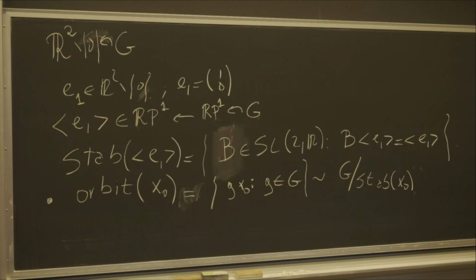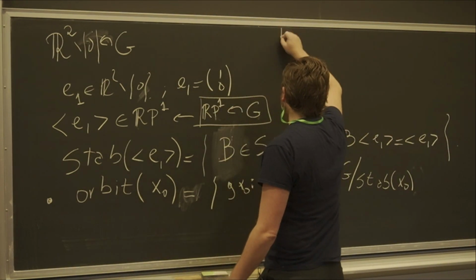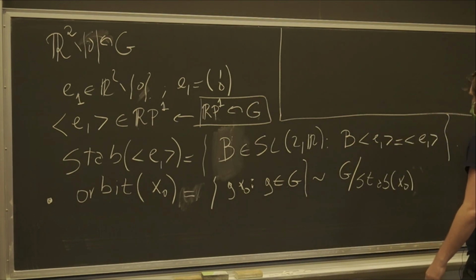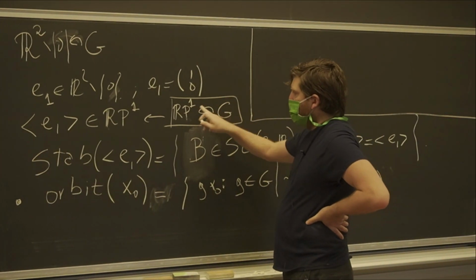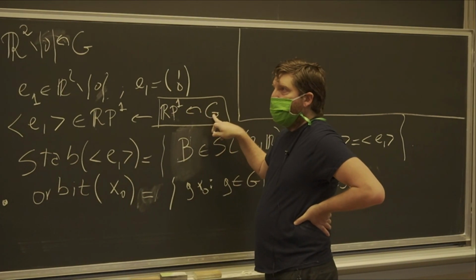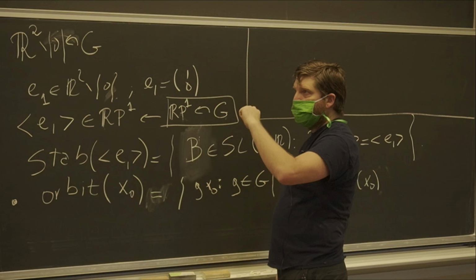We use it to identify these spaces. In this very special case, and that's what gives rise to this type of homogeneous spaces, the action is transitive. So any direction can be mapped to any other direction by a matrix.